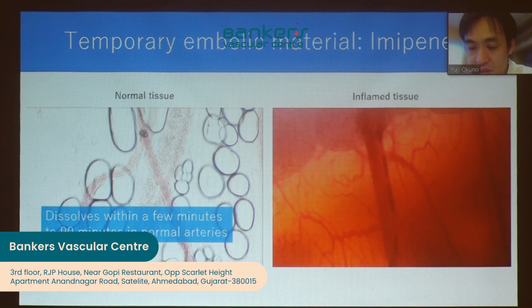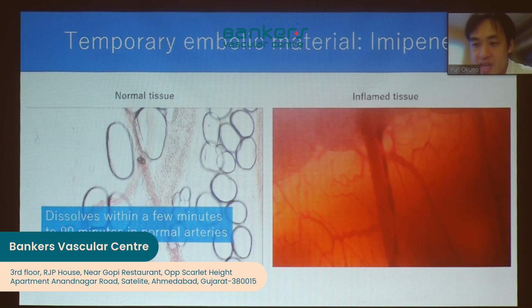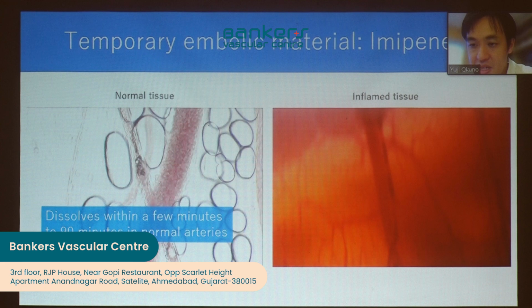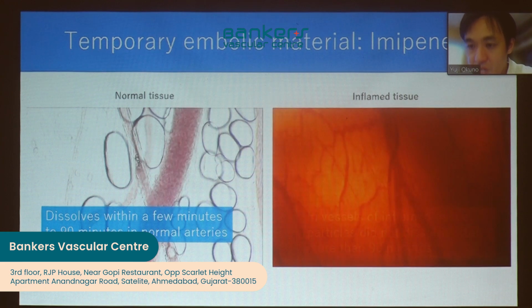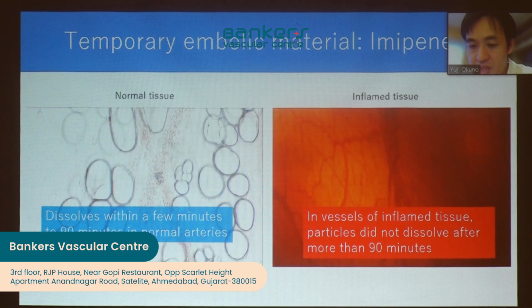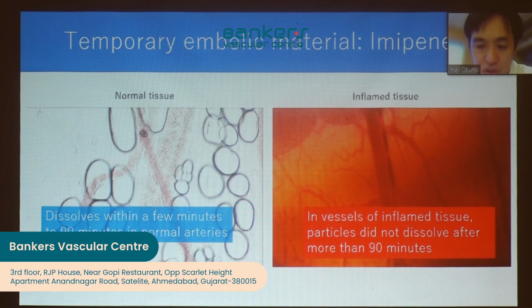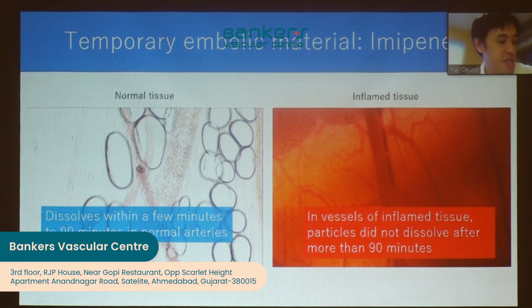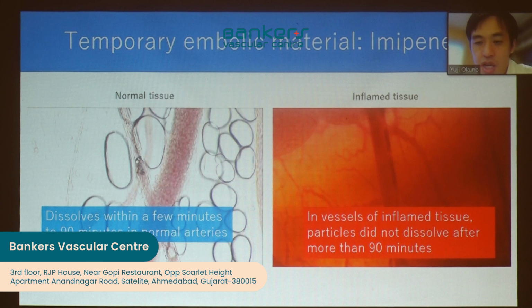But the right side is inflammatory tissue. In the inflammatory tissue, we can see many particles did not resolve even after more than 90 minutes. So we use this temporary embolic material.